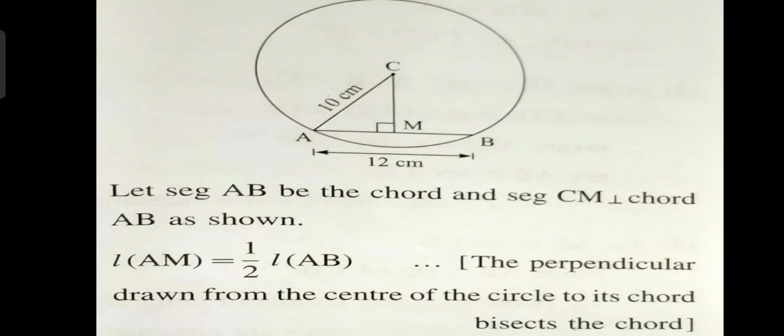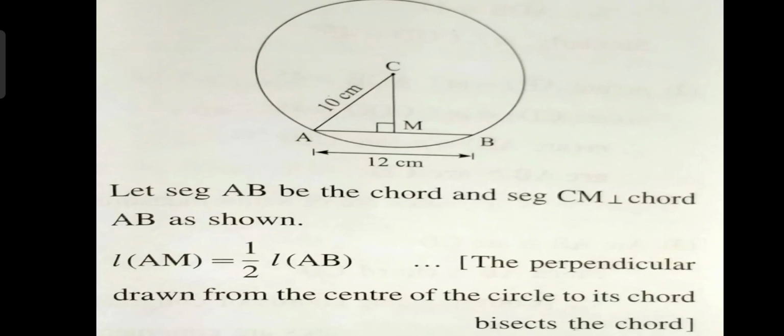Okay, so let's begin with, let the segment AB be the chord and segment CM perpendicular to chord AB as shown, therefore length AM is equal to half length AB. What will you write as the reason? The perpendicular drawn from the center of the circle to its chord bisects the chord.